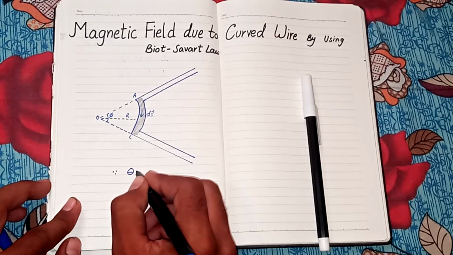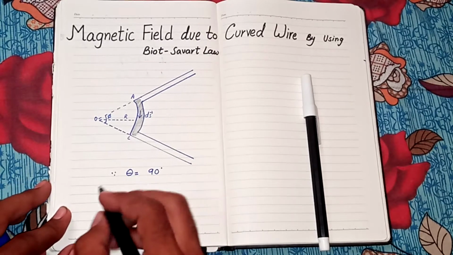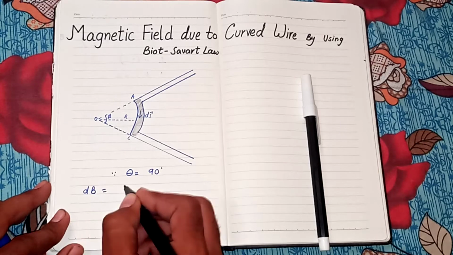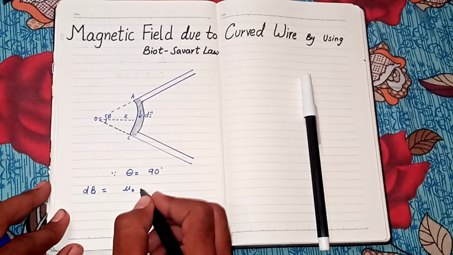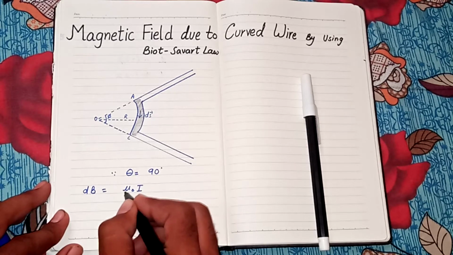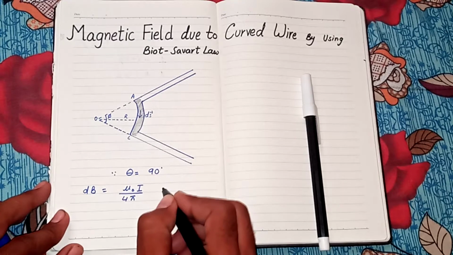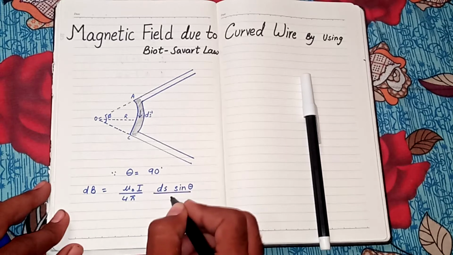We concluded from figure that theta equals 90 degree, and the Biot-Savart law, which is dB equals mu naught I upon 4 pi ds sin theta upon r square.